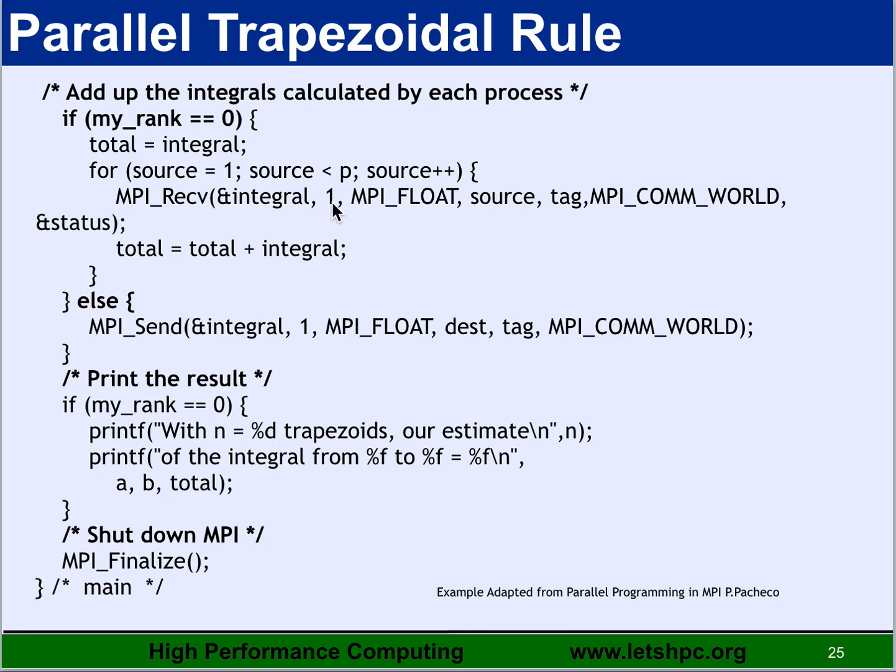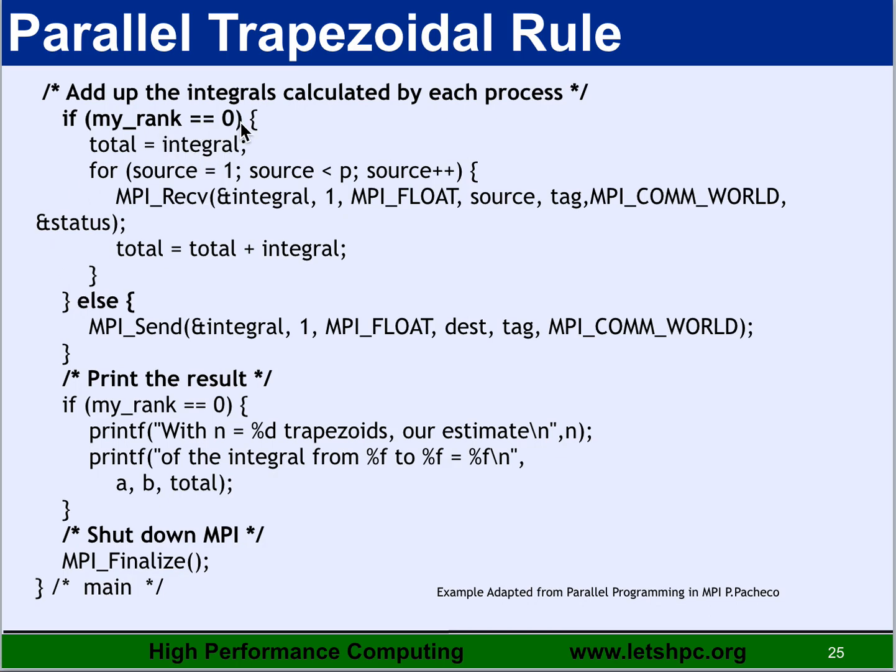The size, the count, is 1, and float is the data type. All the processes are part of this communicator, that is MPI_COMM_WORLD. So you can get the total one by one. You are going to receive this data from all processes other than 0, and then add it to this variable which is total.